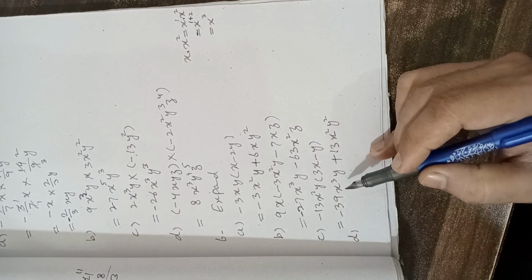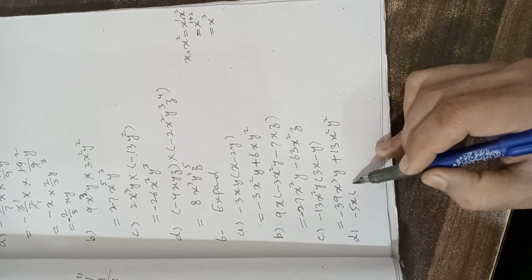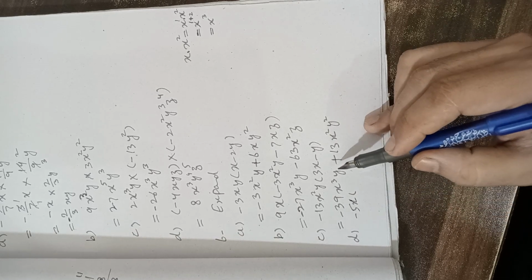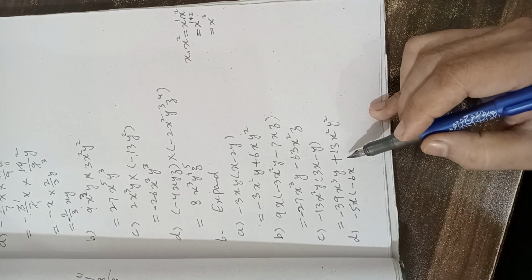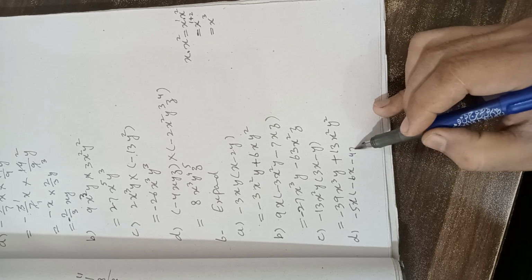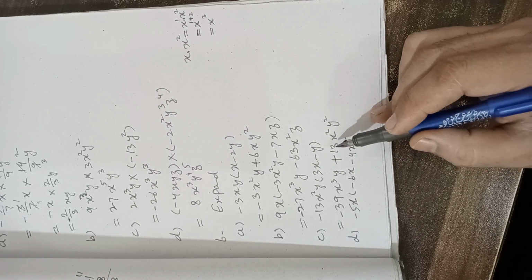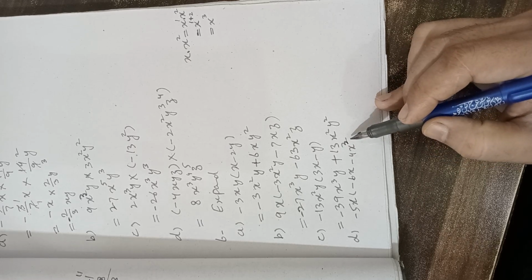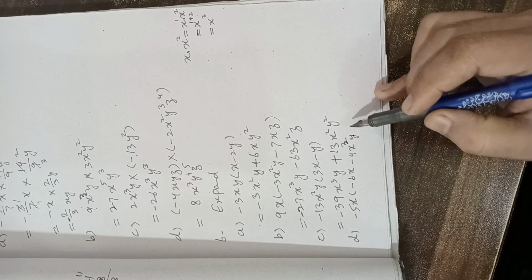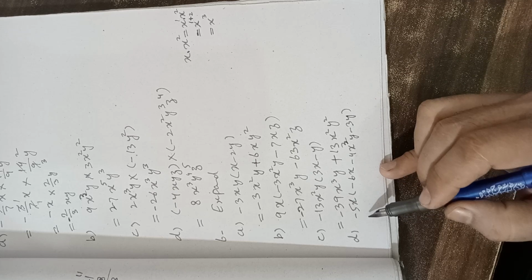This D part is minus 5x into (minus 6x minus 4x square minus 4x cube minus 4x cube y minus 3y).